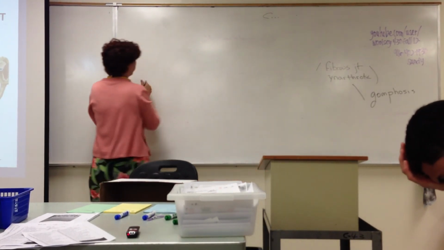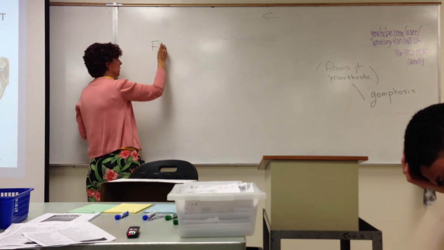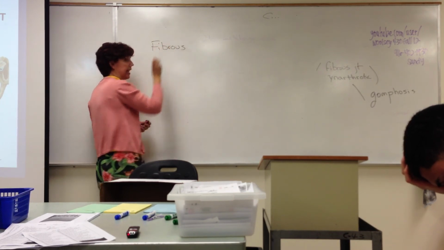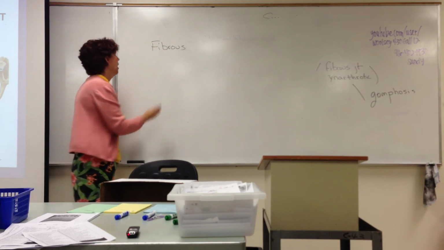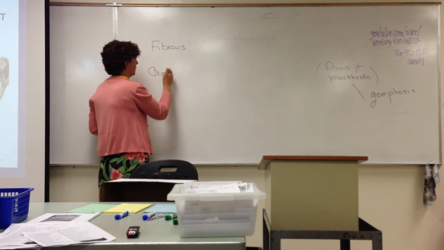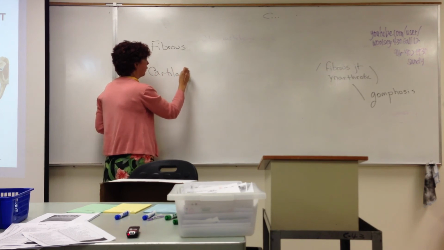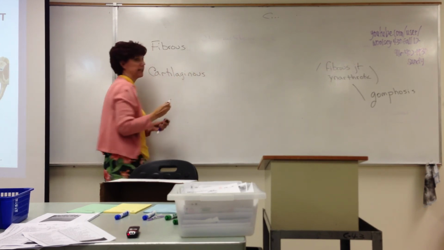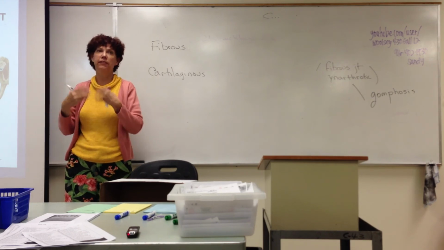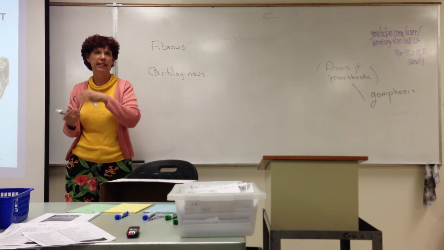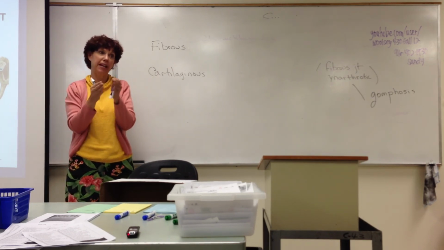Summary. So we have fibrous joints, all right, where we have a fibrous connective tissue holding the two surfaces together. And we have cartilaginous joints, where we have cartilage holding the two surfaces together. The epiphyseal plate, by the way, is an example of a cartilaginous joint between the epiphysis and the diaphysis. There's no gap there.